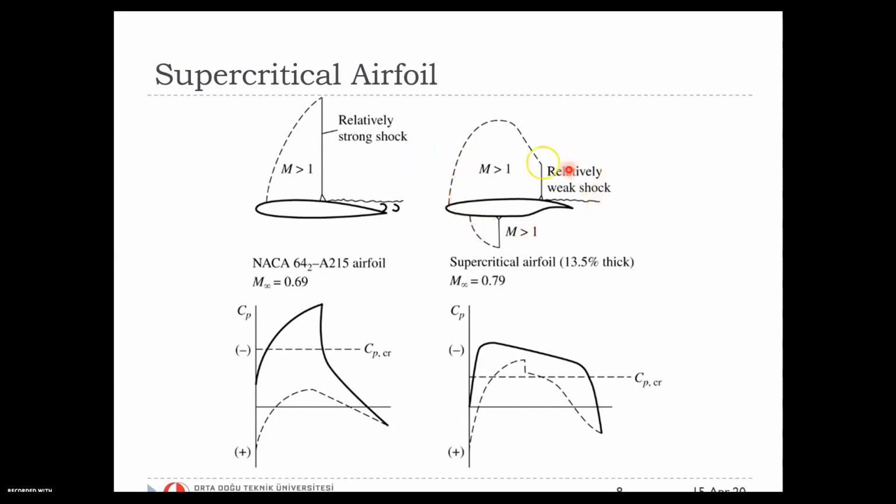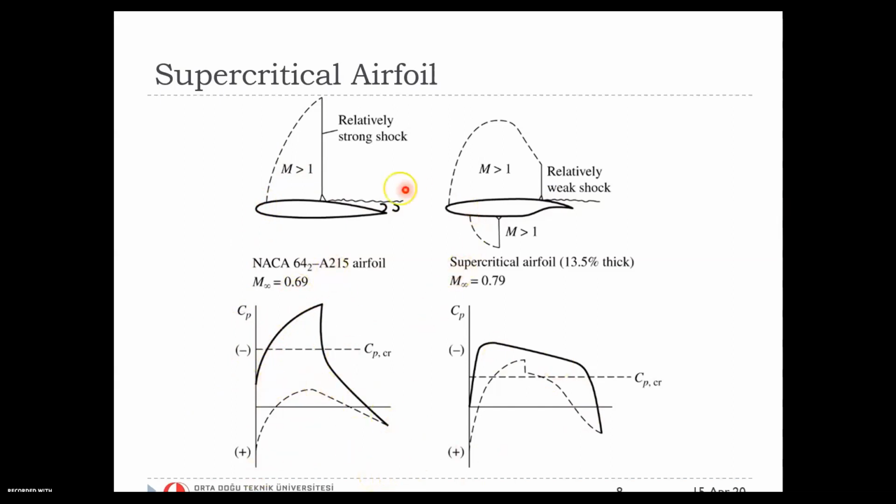On the right-hand side, you see a supercritical airfoil, which has 13.5% thickness and a flatter upper surface compared to the standard 64 series airfoil. Let's look at the differences, and below you can see pressure coefficient variations for the upper and lower surfaces.